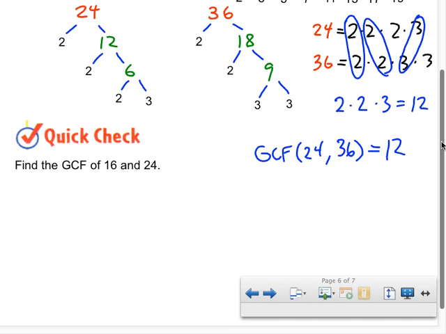The factor tree for 16 is pretty easy, so that shouldn't take you guys too long. Are you guys done with the factor tree for 16?